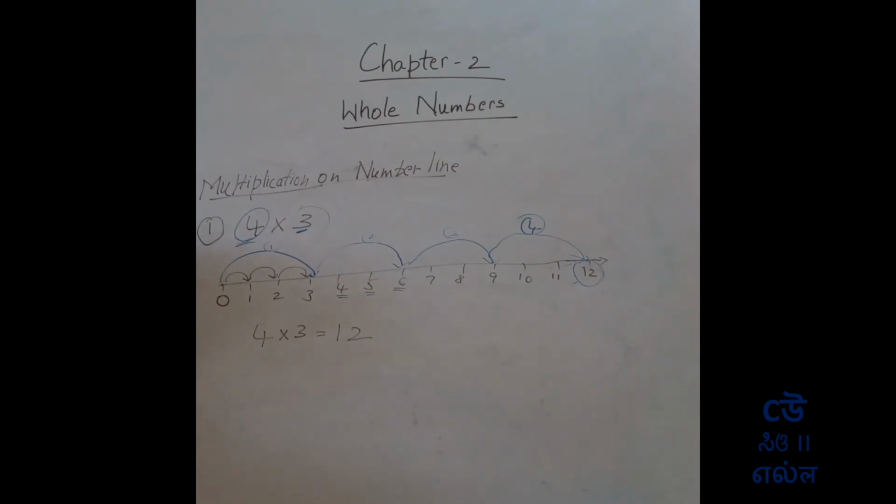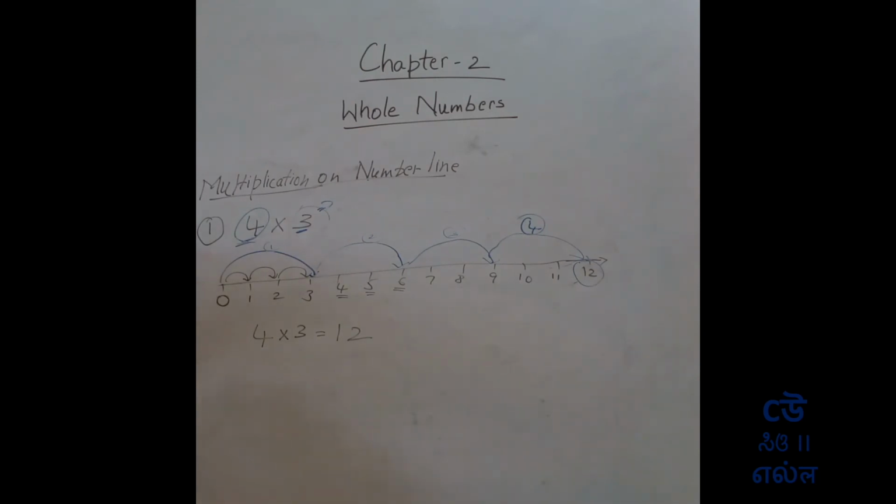You jump 3 numbers, 1, 2, 3, leaving 3 numbers, and again leaving 3 numbers, jumping 4 times. So, you will get the answer.